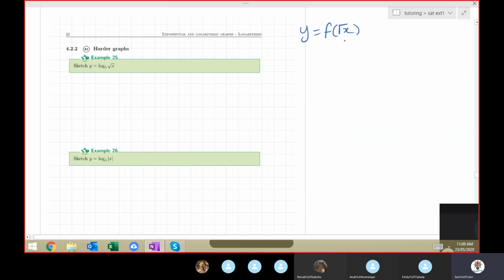We didn't learn this because this is not the square root of the whole thing. That one we have. That was y squared, but f of root x, just the x being square rooted, we didn't have. So this does not exist. Okay, if that doesn't exist, how do I think about this one? And think about your log laws now.